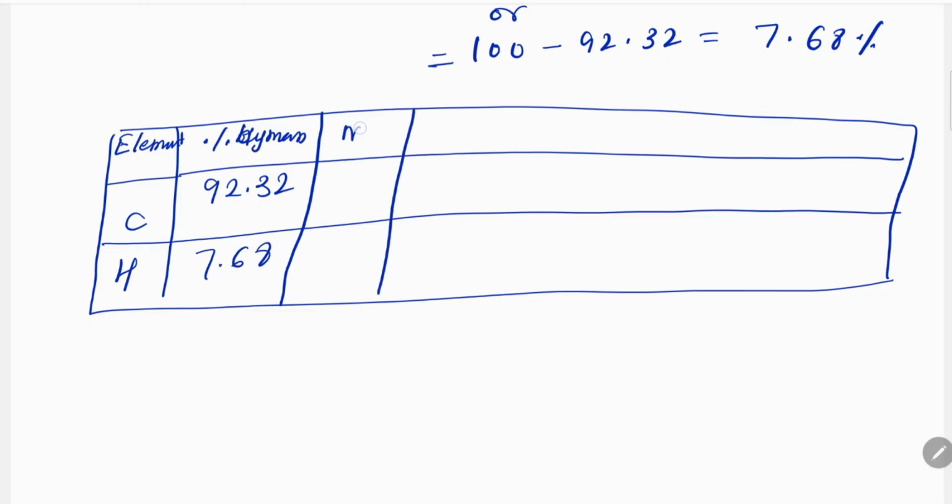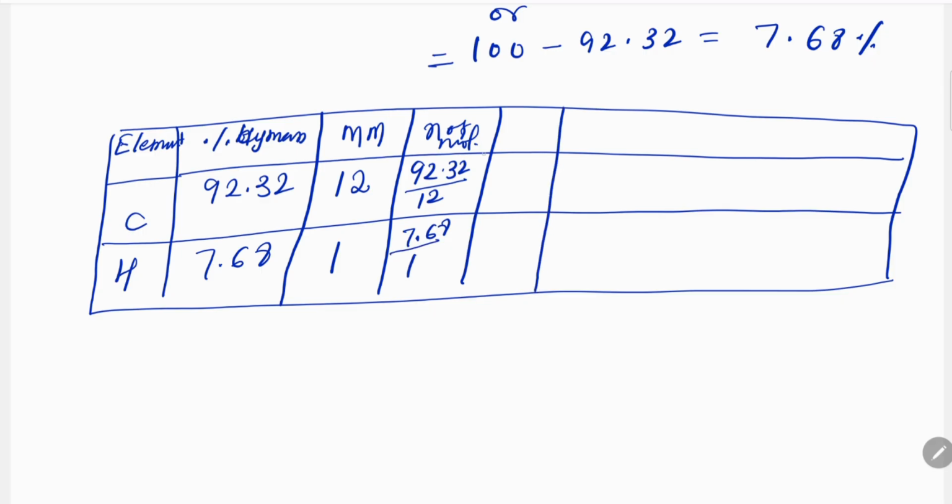We know the atomic mass: for carbon it is 12, for hydrogen it is 1. We can calculate the number of moles. The number of moles is given mass divided by molar mass. Over here it comes out to be 7.69 and this is 7.68, which is approximately the same, right?